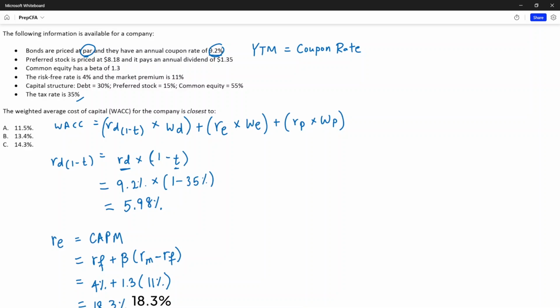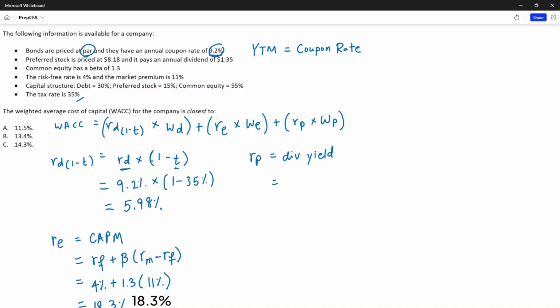Okay? Finally, we have to calculate the cost of preferred equity. And the way we do that is simply calculating the dividend yield of preferred equity.